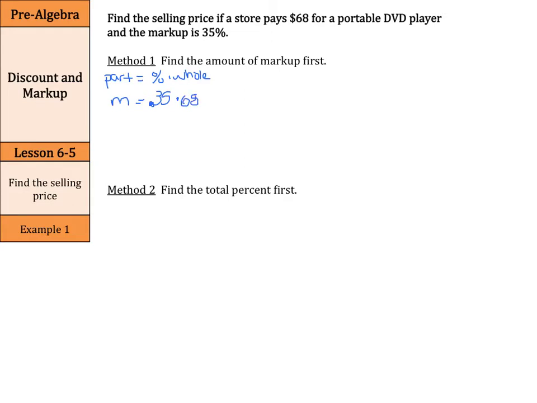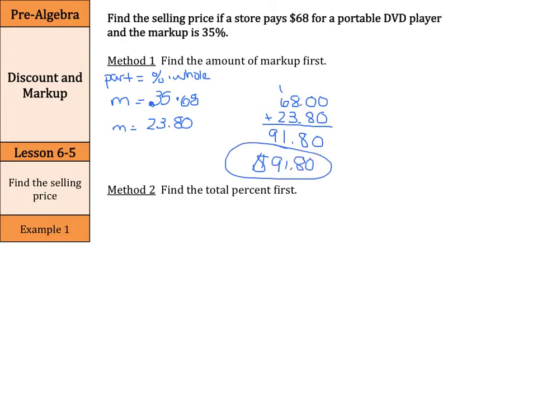And 35 hundredths times 68 is $23.80. So our amount of markup was $23.80. Now we're looking for the selling price. We have to take our original price of $68 and add the markup amount of $23.80 to get our new total of $91.80.